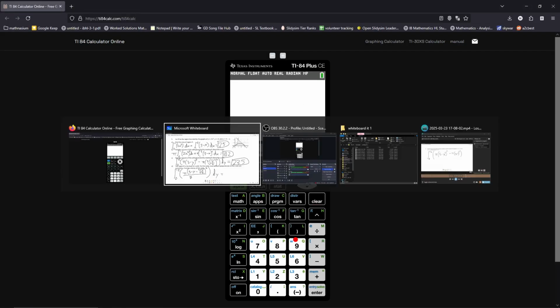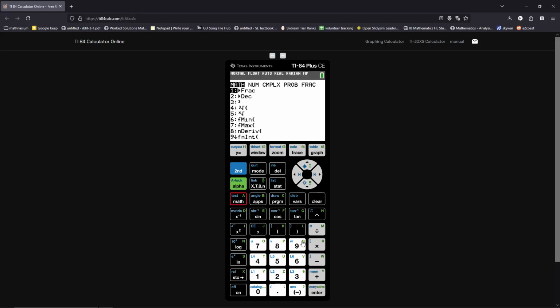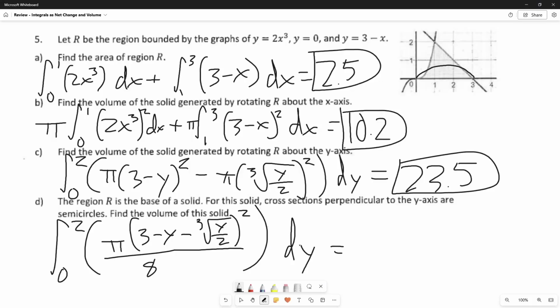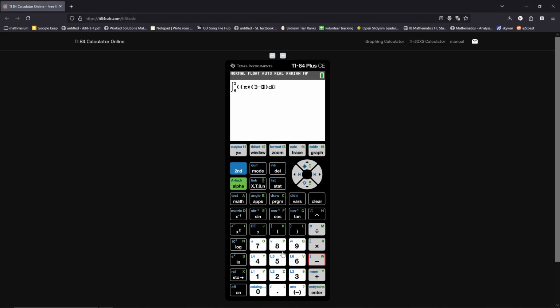And plug this into our calculator. We can do definite integral 0 to 2 of pi times 3 minus x minus cube root of x over 2 squared, all over 8, with respect to x.